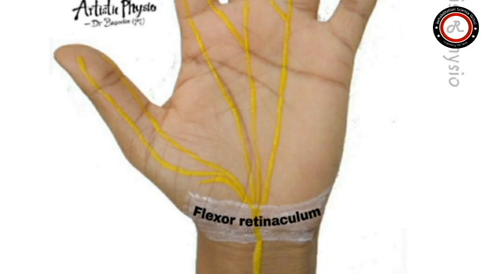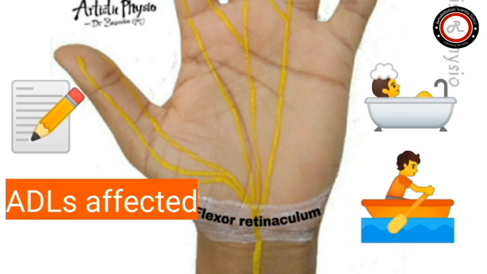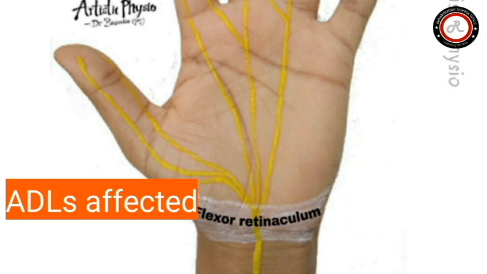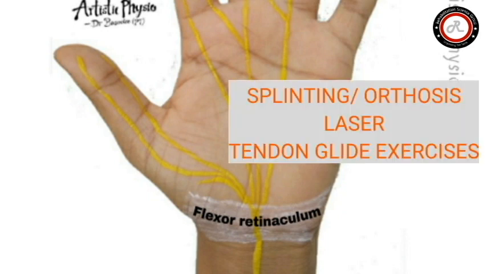With the symptoms typically limited to the wrist or distal to the compression at the wrist, physiotherapy mainly uses localized therapy approaches targeting the wrist and hand in the management of carpal tunnel syndrome. For conservative management, the local methods used in physiotherapy are splinting, laser, use of exercises, and tendon gliding maneuvers.